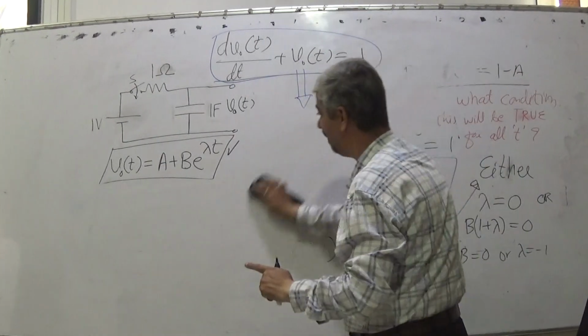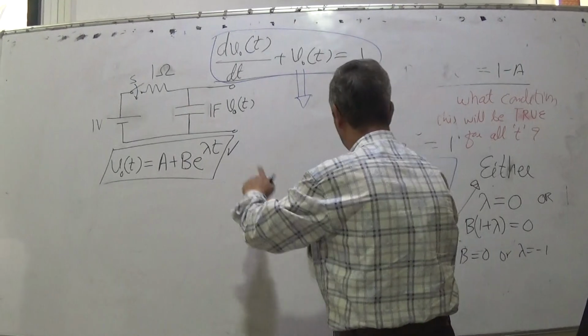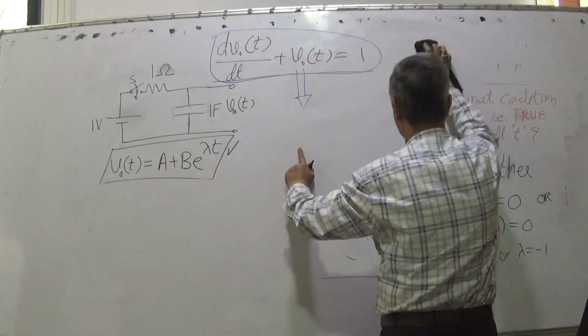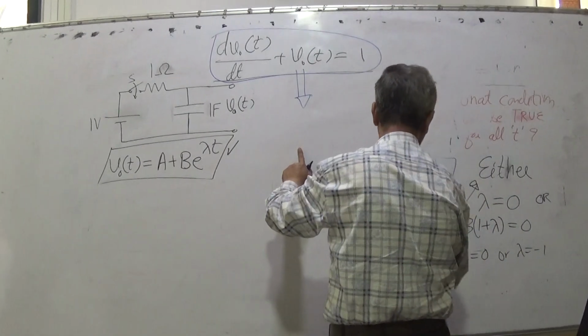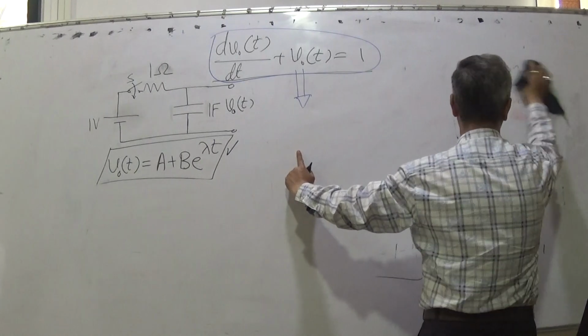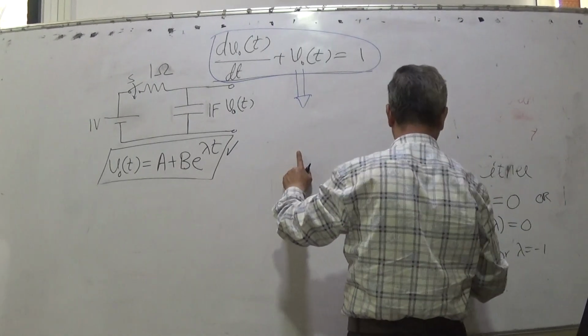Now I don't differentiate as it is. I know that this equation does not have a unique solution. It has multiple solutions, and they depend on the starting condition.